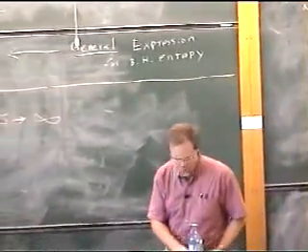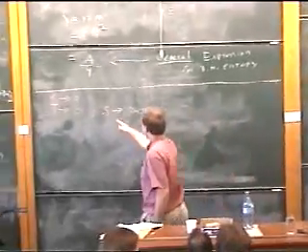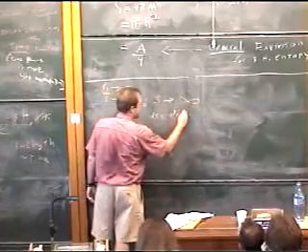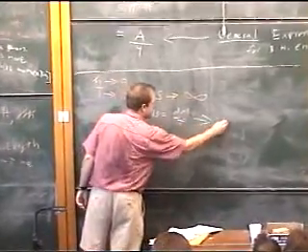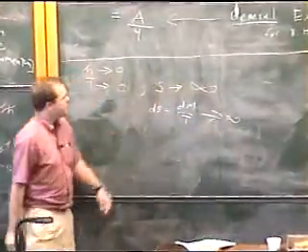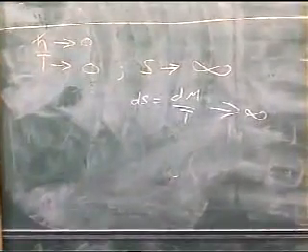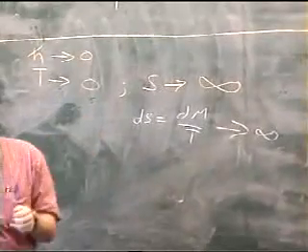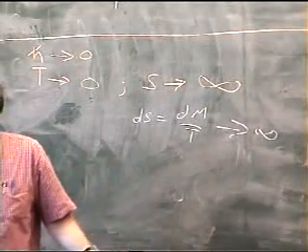Okay. Also, let me do one more. Not only is S infinite, but as we said, dS was dM over T. And since T goes to 0, this also diverges. That is to say that the change in entropy between one black hole and the next larger one is also infinite. Okay?